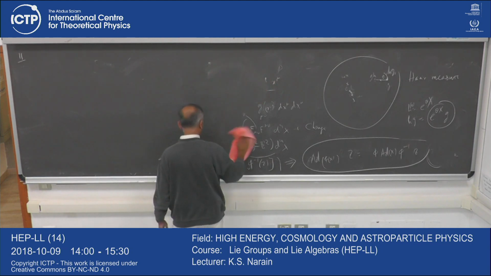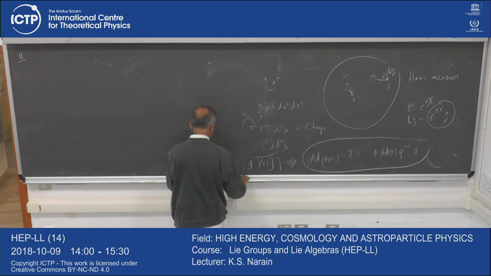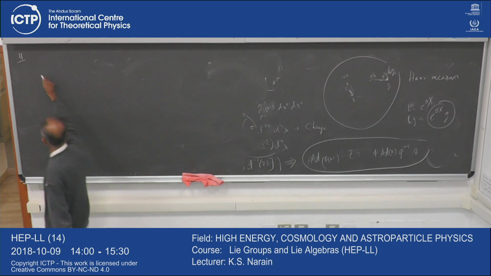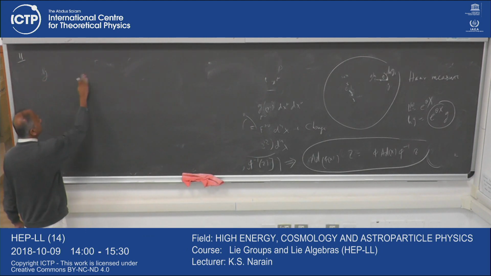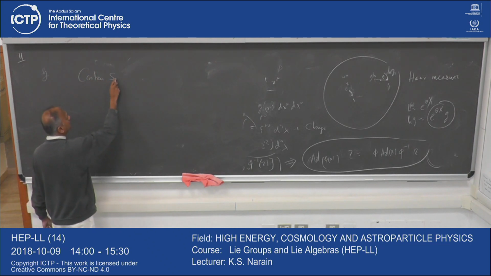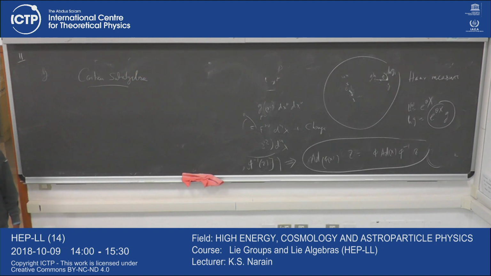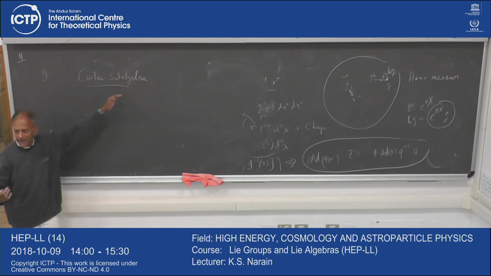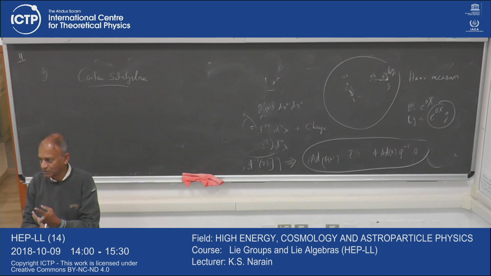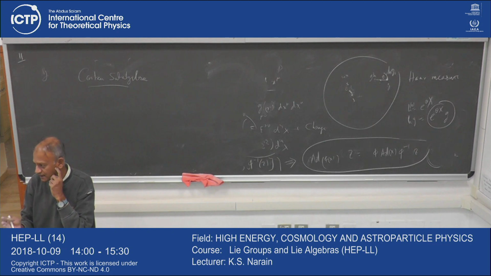Now, suppose I have a Lie algebra, and let's suppose that I have a Cartan subalgebra. We'll discuss the Cartan subalgebra in more detail later. But for the moment, you already have an idea, right? We have discussed SU2 and SU3, and we have seen what the Cartan algebras are there.